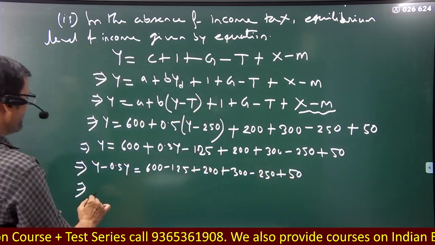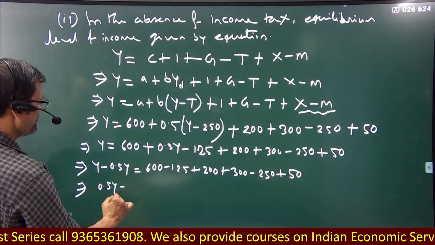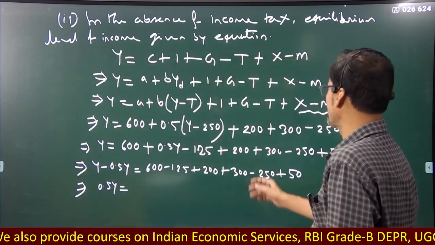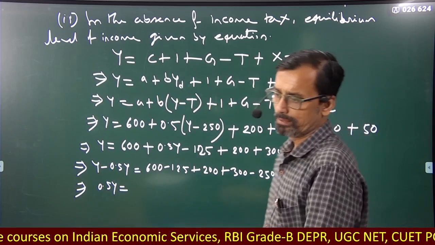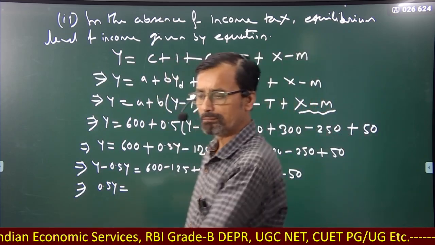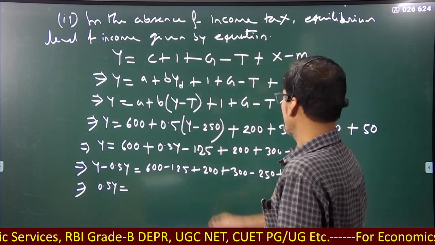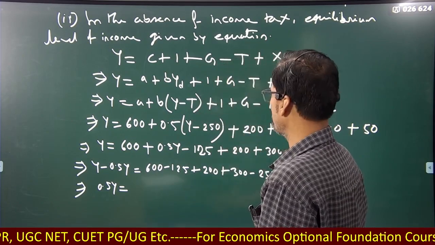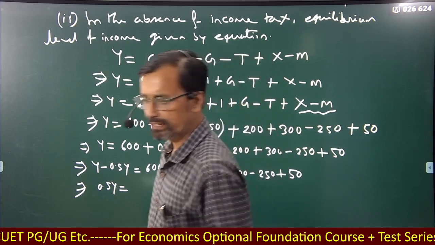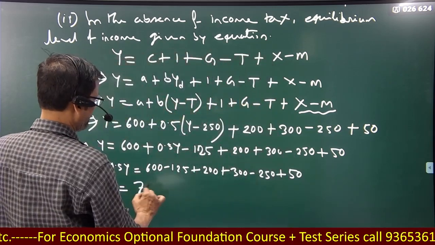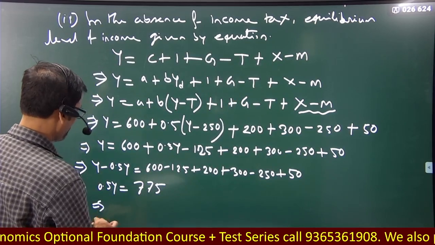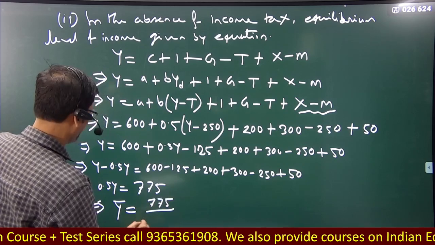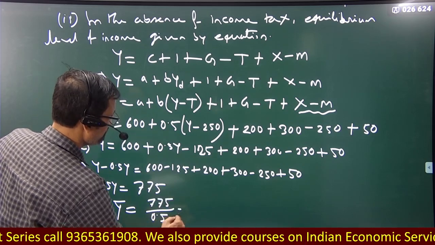So here we will get 0.5Y after solving: 600 plus 200, 300 plus, and plus 50 plus, and minus 125 minus 250, there is a 375 minus figure. So after all we will get the result 775. Therefore the equilibrium level of income is 775 divided by 0.5.